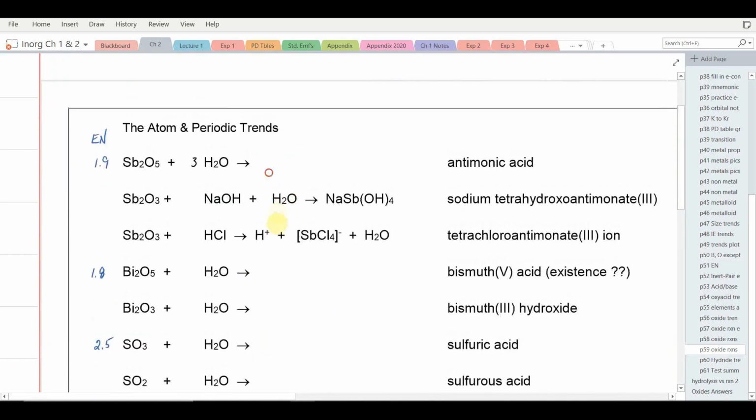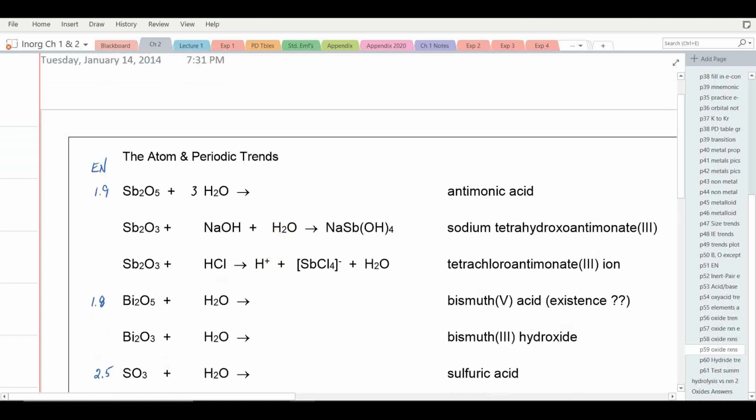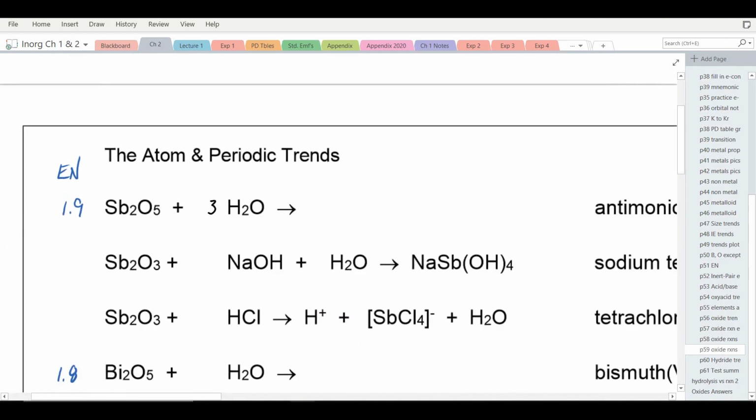Antimony is a metalloid, electronegativity 1.9. It does form a weak acid, antimonic acid. We can write the formula for it. If we know the oxidation state, it would be plus 5.